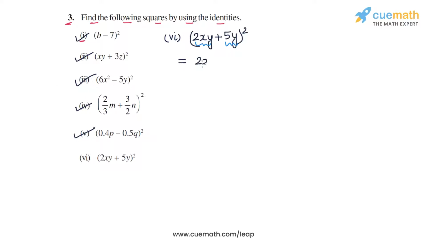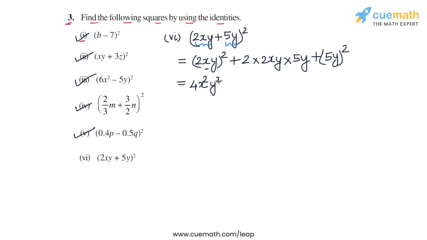So let's expand this. So we get 2xy whole square plus 2ab, so 2 into 2xy into 5y plus b square, so plus 5y whole square. Okay, now 2xy whole square will be 4x square y square. So each term in the product gets squared. So we get 4x square y square.